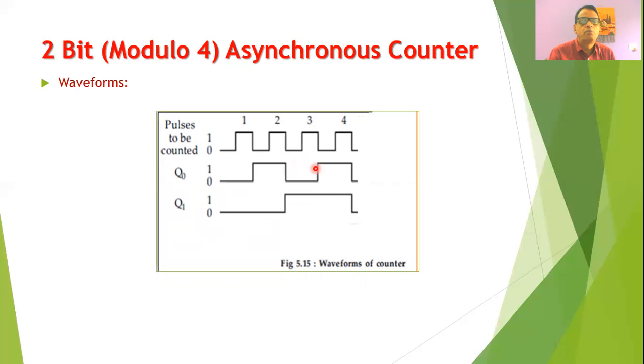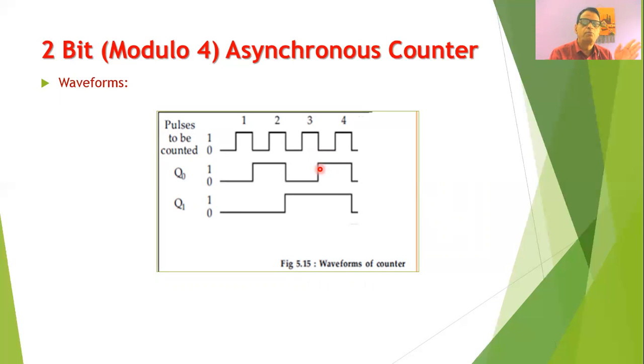After the third clock pulse, output Q1 will continue to remain 1. But after the fourth clock pulse, one can observe that both the outputs Q0 and Q1 will become 0. So from these waveforms, one can observe that when 4 clock pulses are applied to the input, at the output Q0 we will get 2 clock pulses.